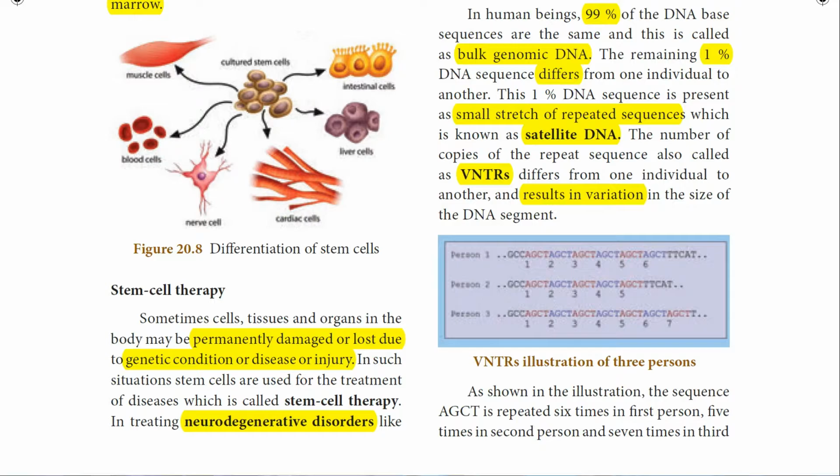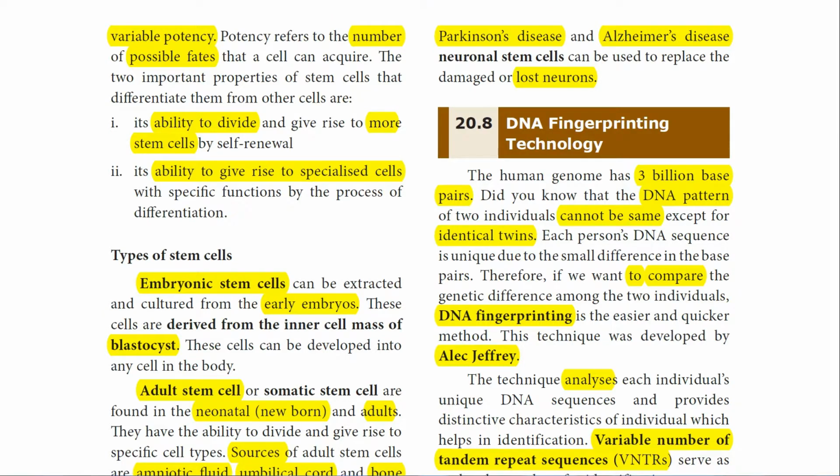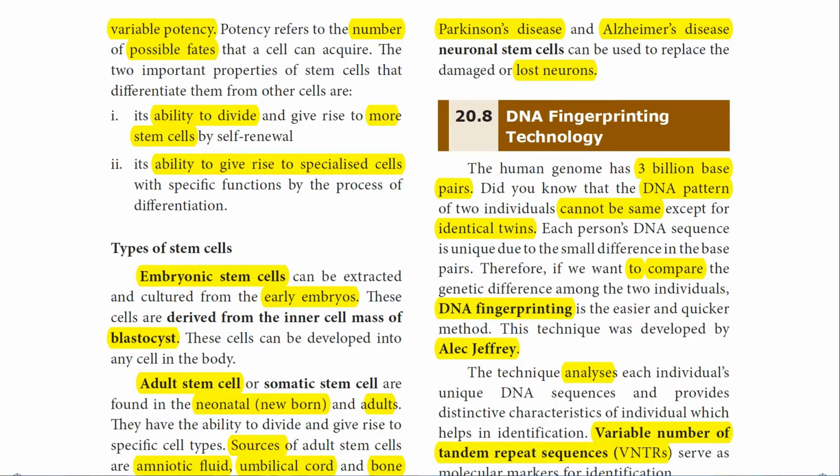Stem cell therapy is specifically used for treating neurodegenerative disorders like Parkinson's disease and Alzheimer's disease. Neuronal stem cells are produced from the stem cells and can be used to replace the damaged or lost neurons.